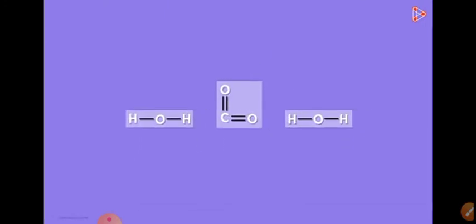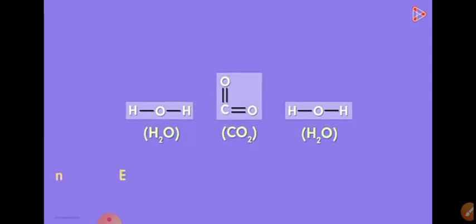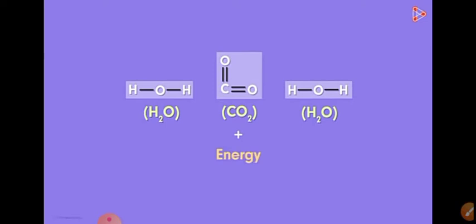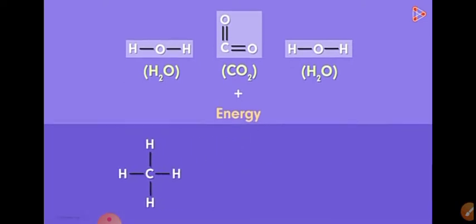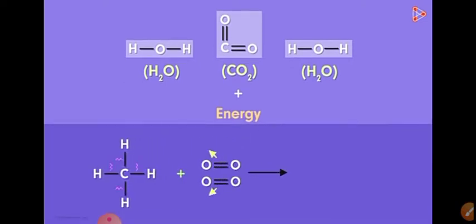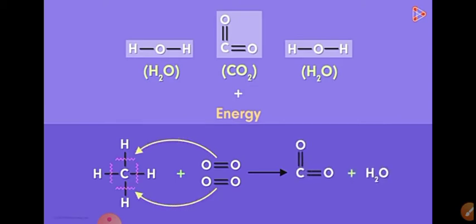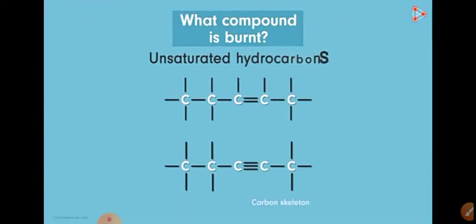When we consider a double bond, oxygen is going to pair with carbon and we get energy. Carbon dioxide plus energy. So this is the formation of the reaction, how the bonds break and how carbon is going to pair with the oxygen.